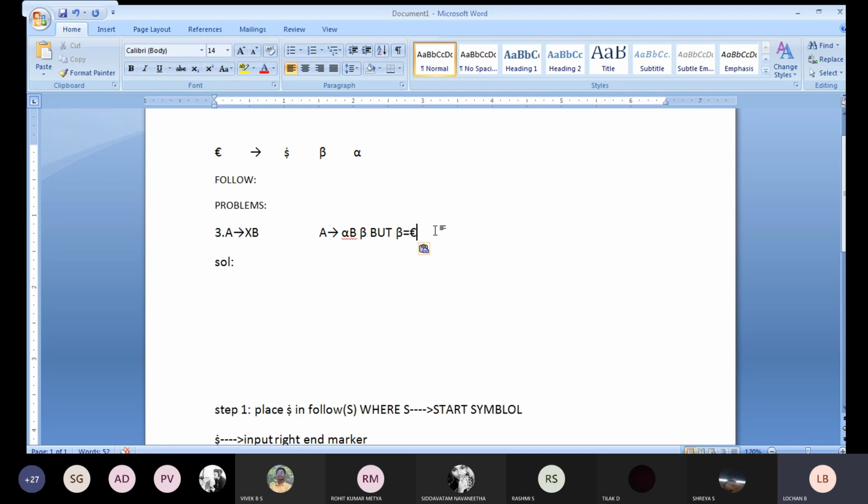In step 3, what I told is that it is in the form A implies alpha B beta. But in this particular case, we have not been given any beta value. That means beta is equal to epsilon, which we are going to consider here. In that case, what we will be doing is just follow of B, which is equal to follow of A.